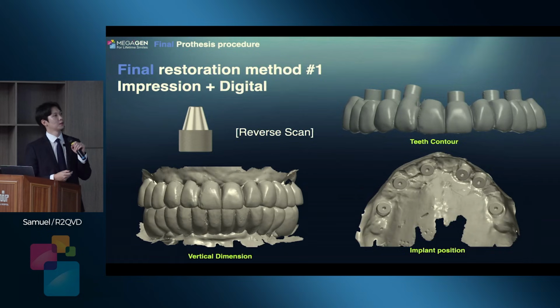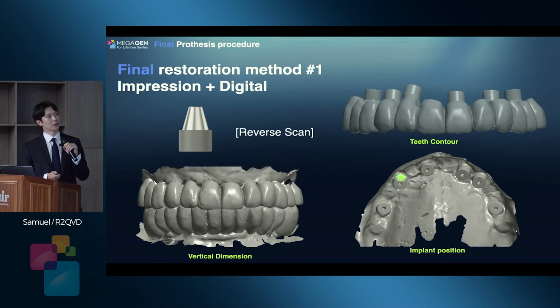We have three data collections like this, digitalization for this. First one, using the reverse scan body. Maybe you already know how it works, right? So after applying all the temporaries, we screw-tighten the reverse scan body to the temporary, and take a pick-up impression.